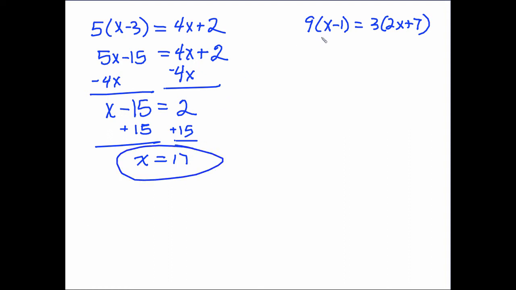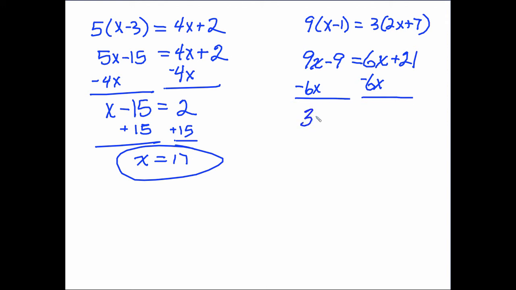In the next example, we need to use the distributive property on each side before we move forward. So the left side, 9 times x is 9x, minus 9 times 1 is 9. That equals 3 times 2x is 6x. 3 times 7 is 21. We'll subtract 6x from both sides.